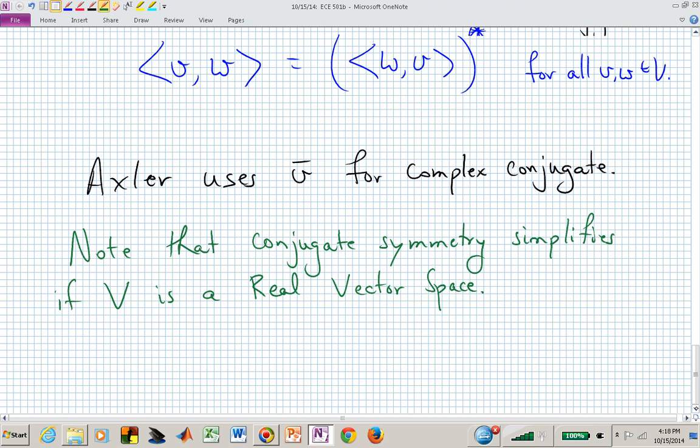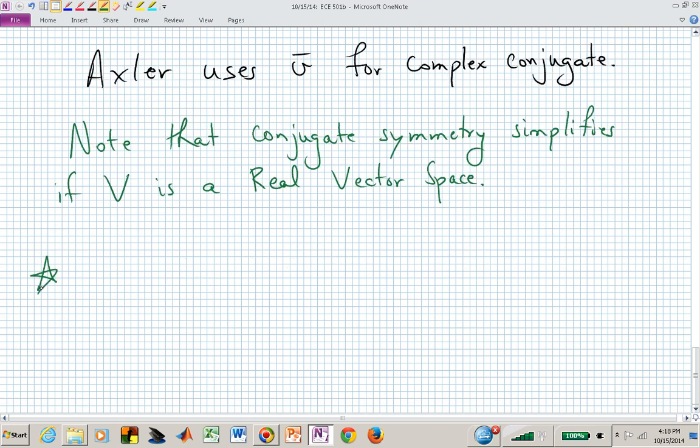And as I've already commented on, here's where this term comes from: an inner product space. So now, more than just a vector space, it's an inner product space.